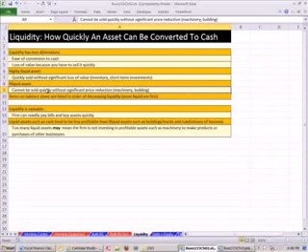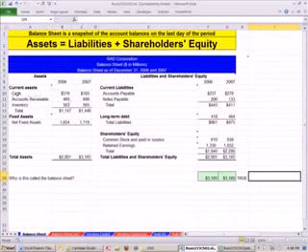Before the financial crisis, they had liquid assets. They could go out in the financial markets and sell them. But during the financial crisis, forget it. It was as if everything froze up. Everything was illiquid. Items on the balance sheet are listed in order of decreasing liquidity. So if you go back and look at our balance sheet, that's why cash is first and fixed assets are last.